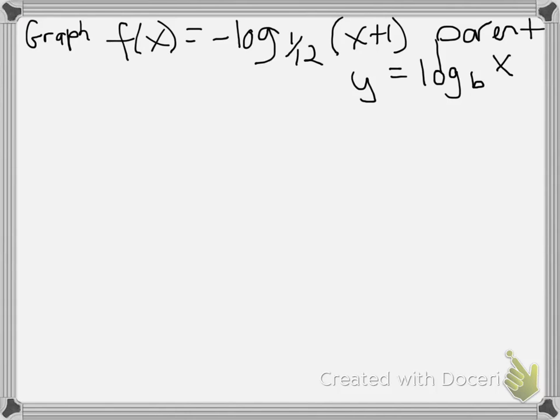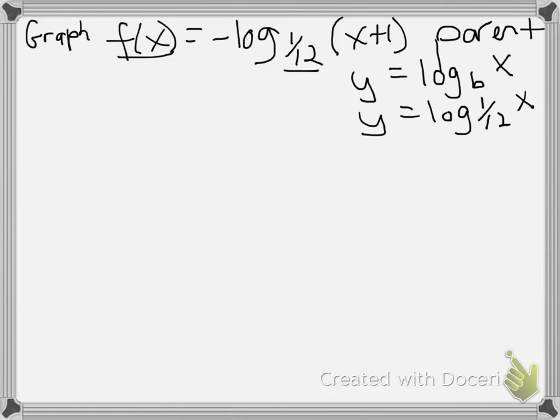So for our example, we're going to change f of x to y equals log, and then our base in this case is the 1/12. So we have 1/12 and then x.